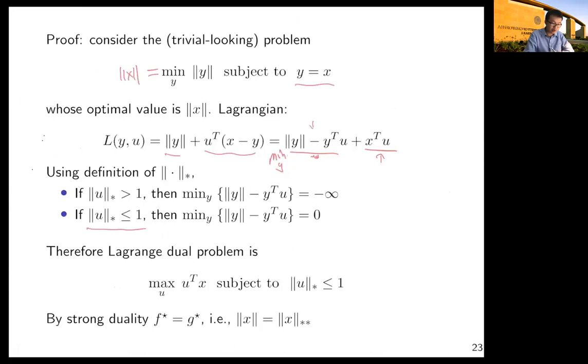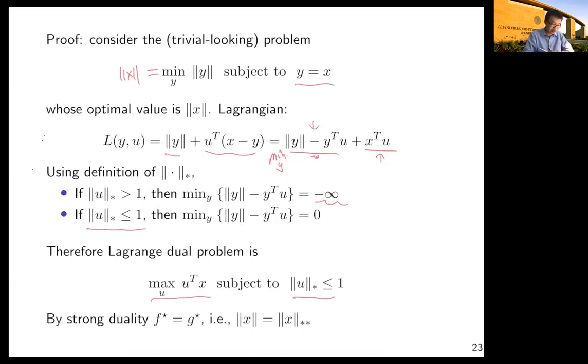So notice that this is a minimization over y, a conjugate of the norm function, which gives the indicator function on the dual norm. But now let's construct the Lagrange dual. With this additional constraint, the Lagrange dual is simply the max of u transpose x subject to the dual norm constraint.